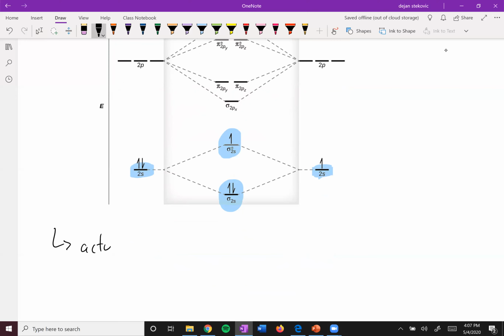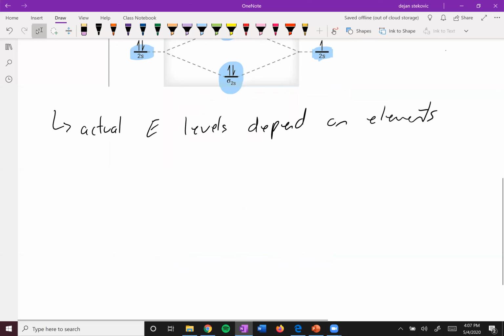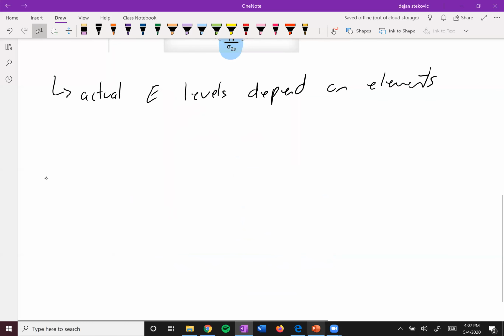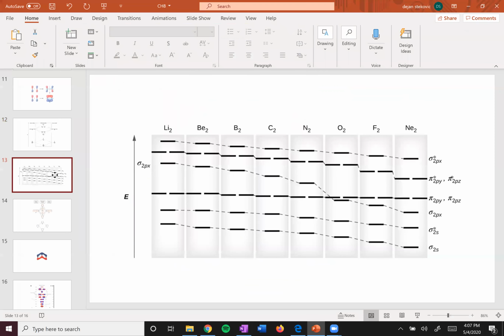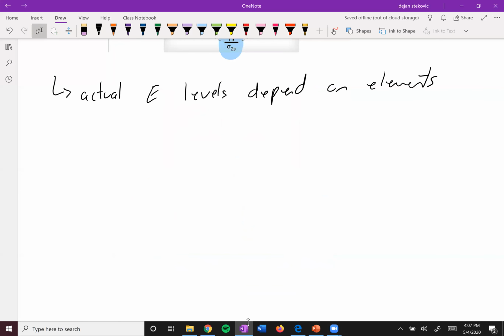And so these actual energy levels depend on what elements you have. So this next picture is just a series of some diatomic elements. So in this case, we're just considering two of the same element, still very simple, but you can see the energy levels don't always stay the same.